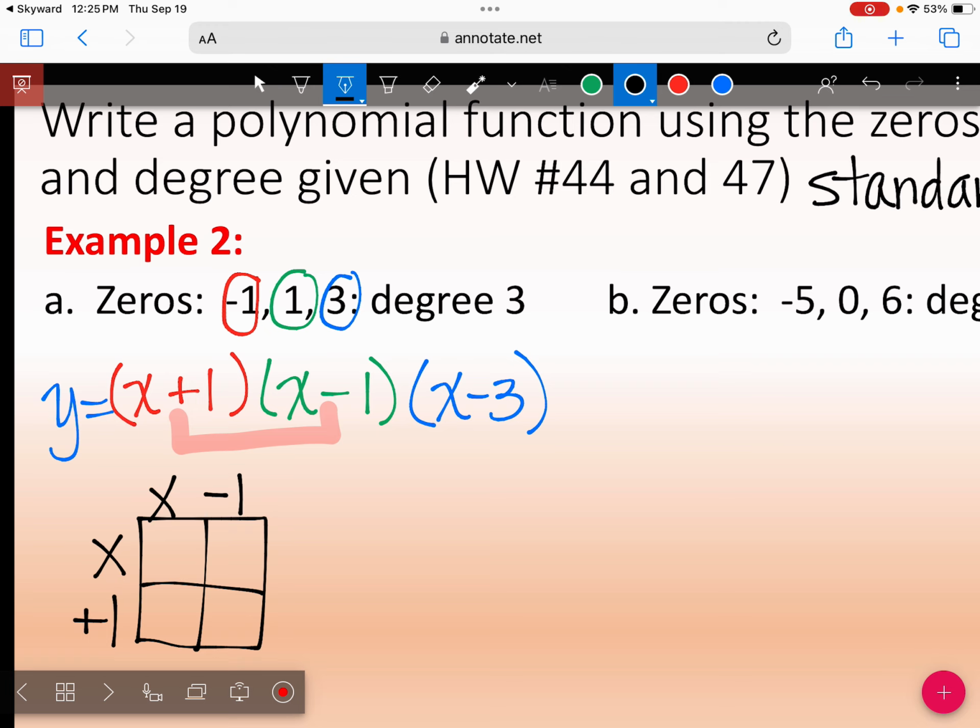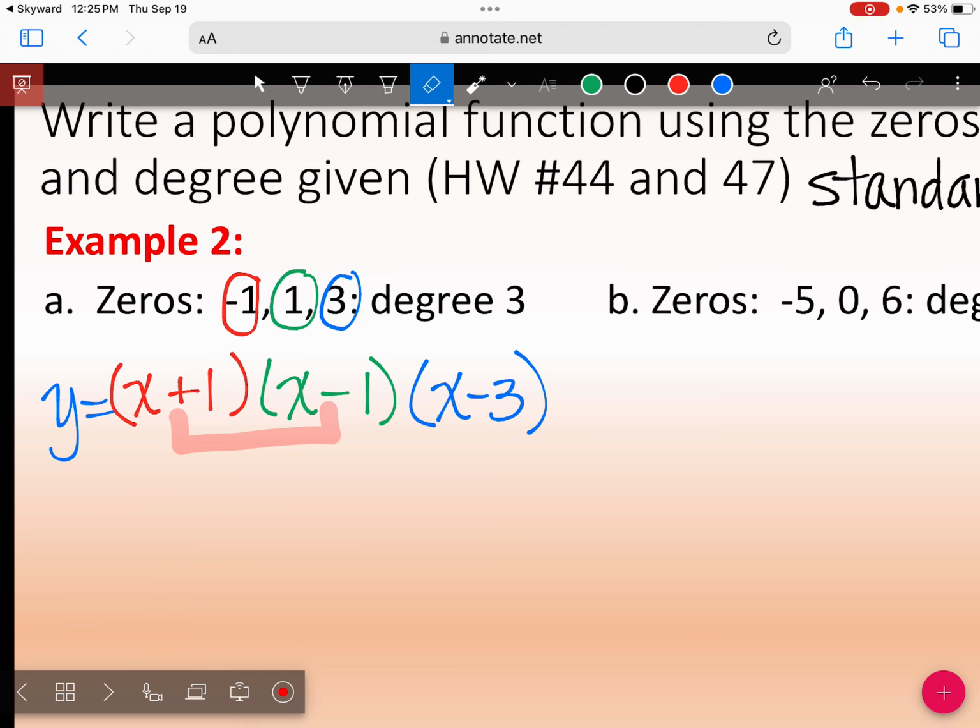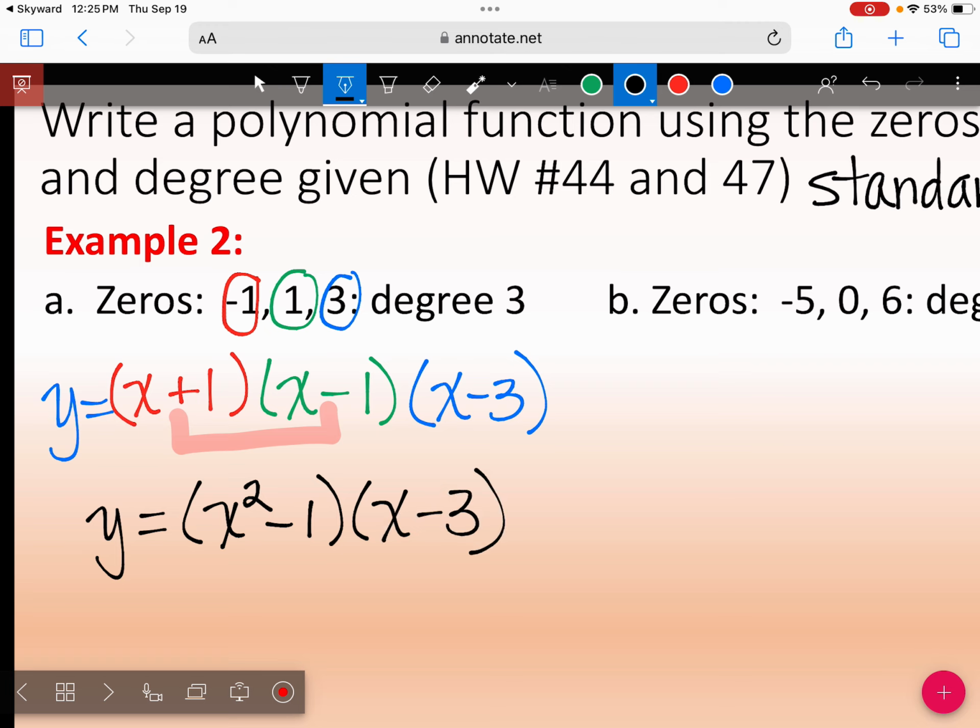Does anyone know the pattern though, or know what it's going to be without multiplying it in the box? Save yourself some time. If not, go ahead and fill in your 4 squares. All right, when you do that, you should get x squared minus 1.